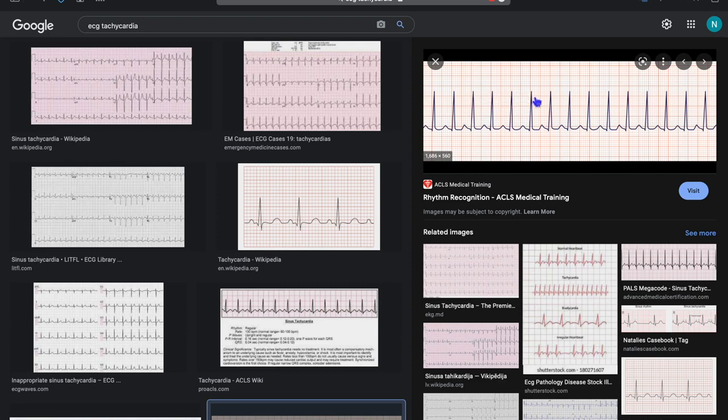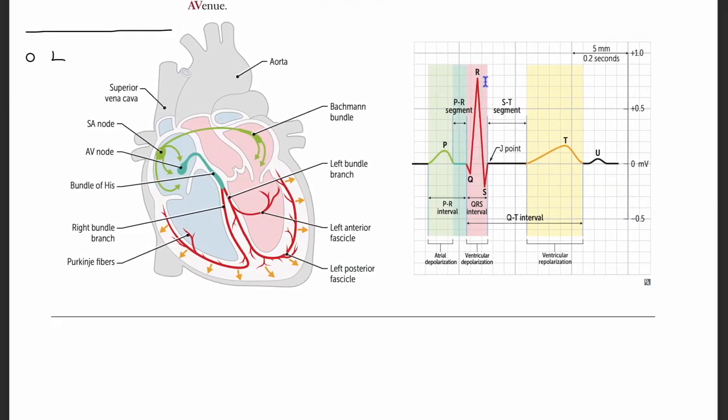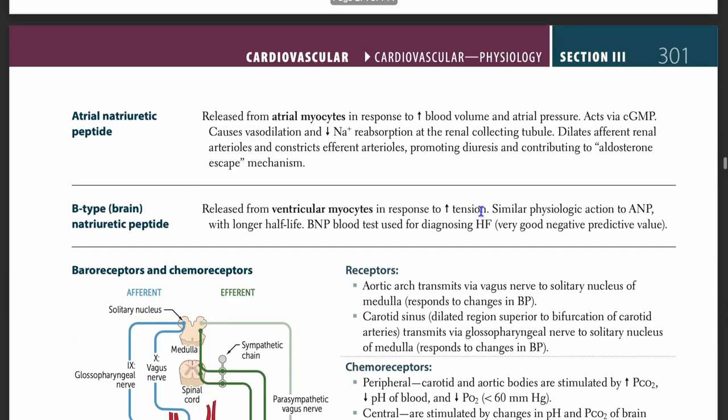Sorry, I think I messed it up. 1 box is 300 beats per minute. 2 boxes 150 beats per minute. 3 boxes 100. 4 boxes 75. Then 60. Then 50 for 6 boxes. Okay. You should know how to read that at least. All the other stuff, you'll figure it out after.